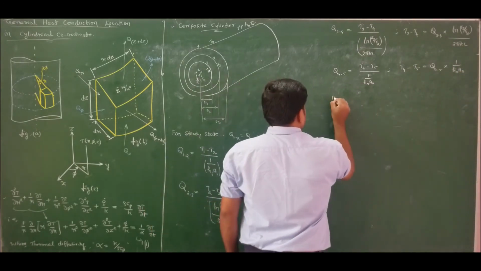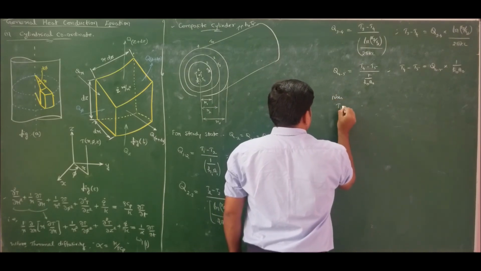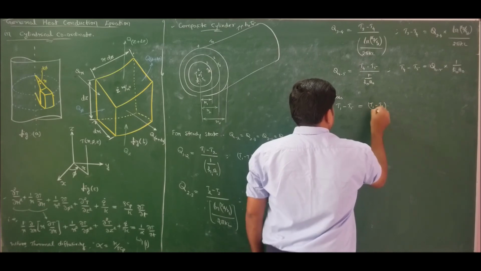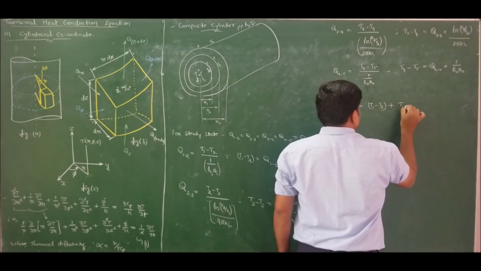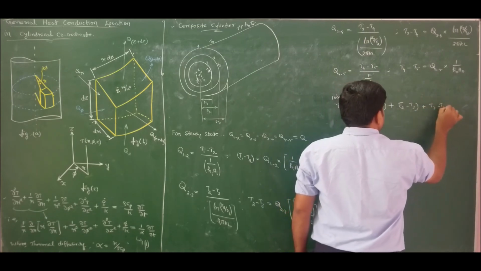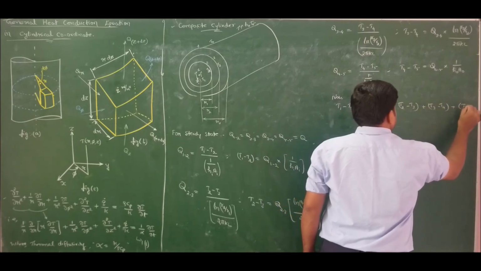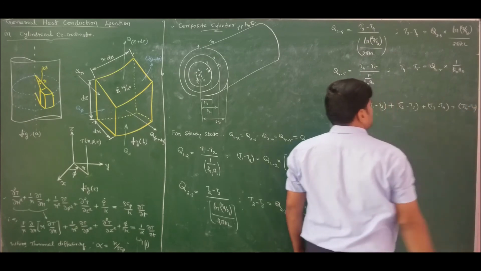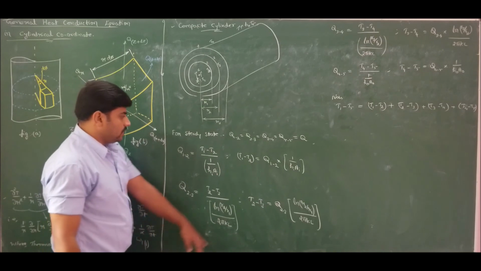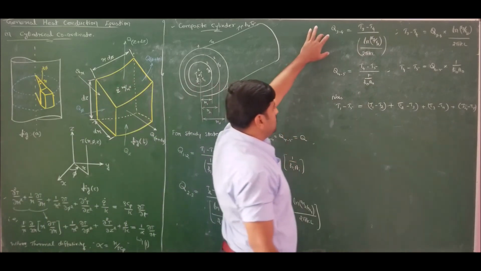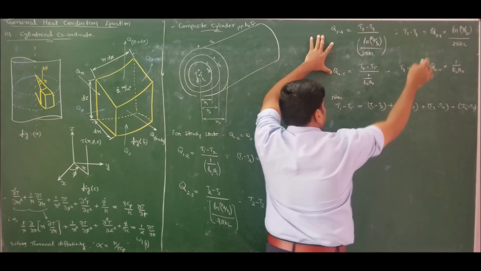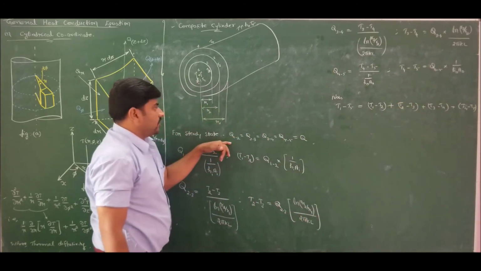So now we know that the difference in temperature T1 minus T5 can be written as T1 minus T2 plus T2 minus T3 plus T3 minus T4 plus T4 minus T5. Now we know all the values. We know T1 minus T2, T2 minus T3, T3 minus T4, and also T4 minus T5. Also, for steady state, we know that rate of heat transfer is constant.